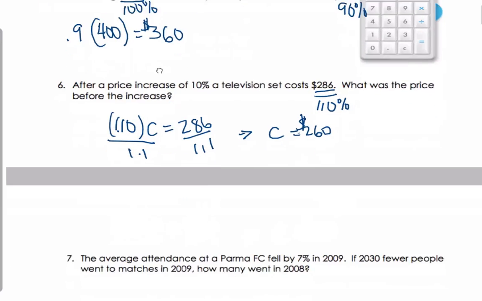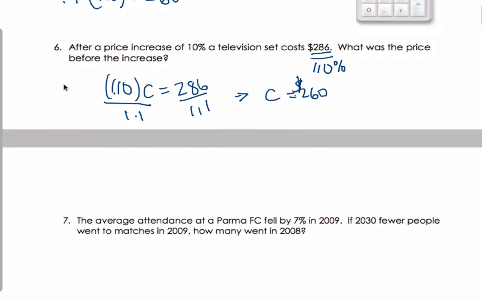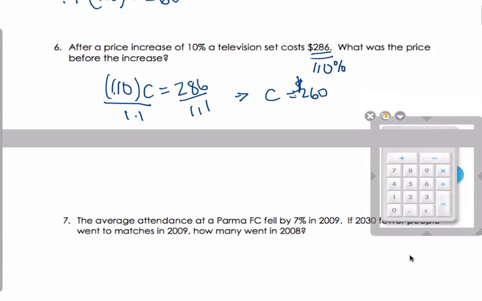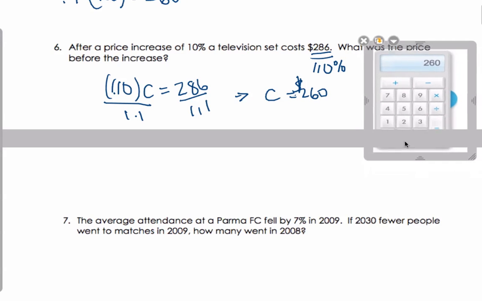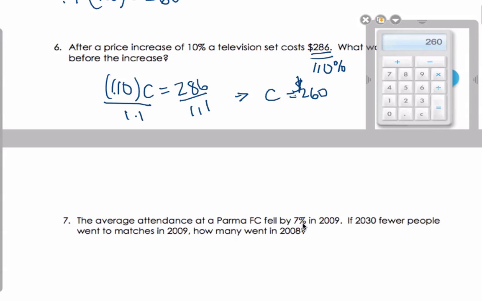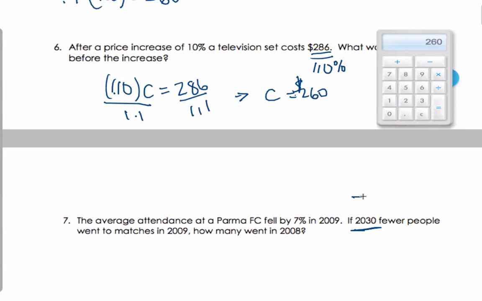Okay, we'll do one more here. It says the average attendance at a Parma C football club game fell by 7% in 2009. If 230 fewer people went to the matches in 2009, how many went in 2008? So this number here, we have to recognize that this is 7%.